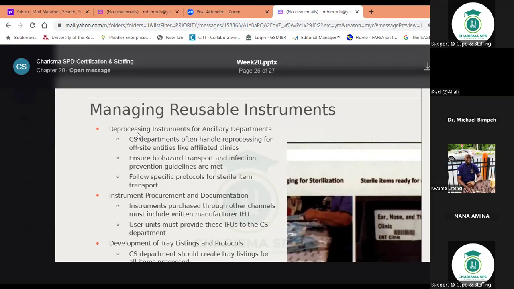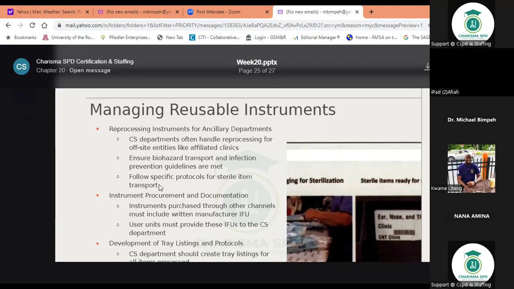If they are offsite, then Department of Transport guidelines will also come in for the transporting of the instruments. Those conditions must be met. CS departments often handle reprocessing for offsite entities like affiliated clinics. I was working in a hospital where we were serving 3 different offsite clinics in New York here.